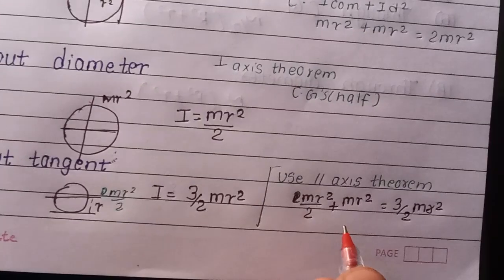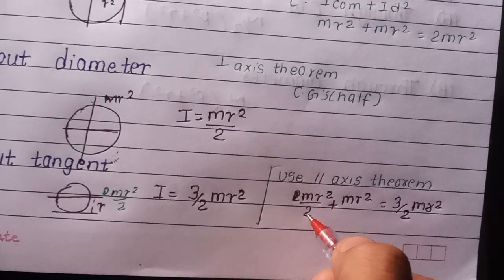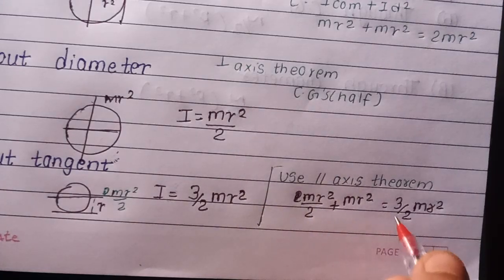Then we use the parallel axis theorem: mr square by 2 plus mr square is equal to 3 by 2 mr square.